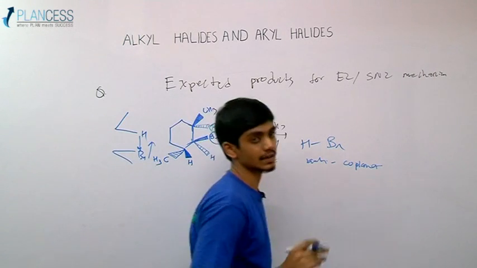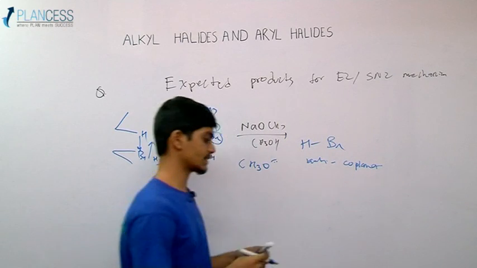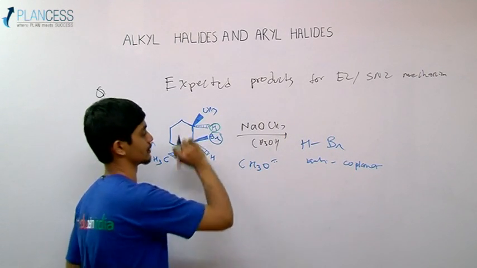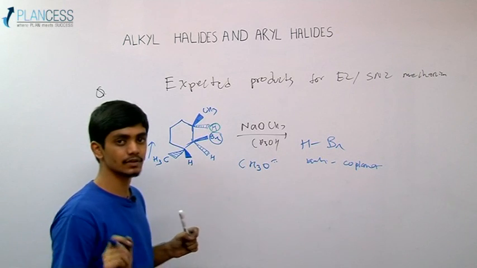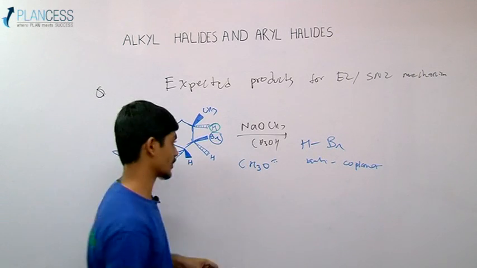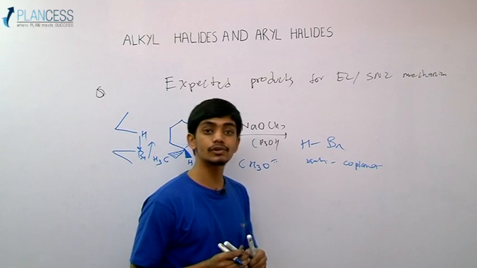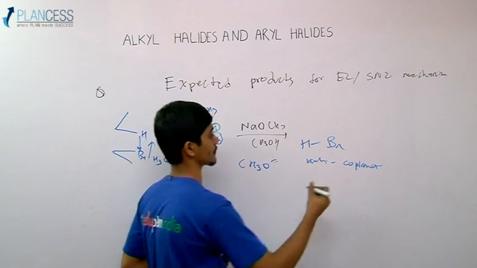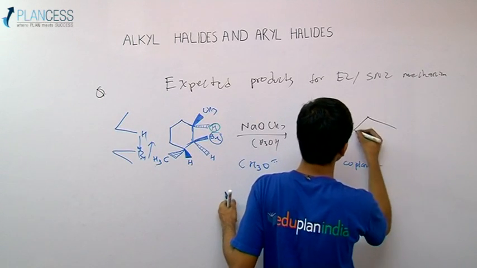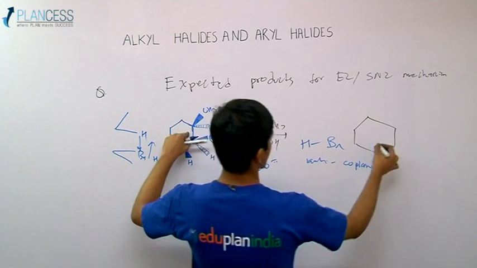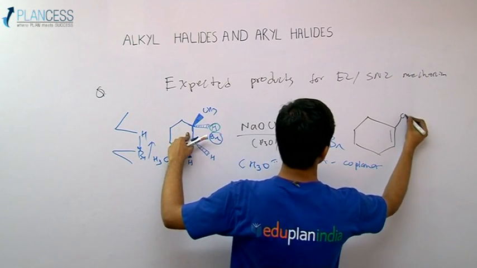So they are also anti to each other, and hence we do get the E2 mechanism, but with only this hydrogen. So now only one hydrogen is there, so only one product is possible, and you need not see any stability criteria also, because there is only one product possible. The correct stereochemistry is followed by only one product, and that is this product with CH3.